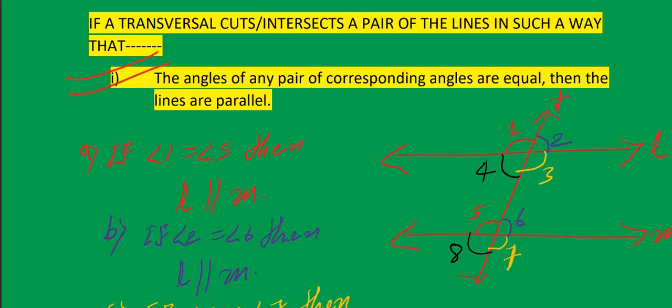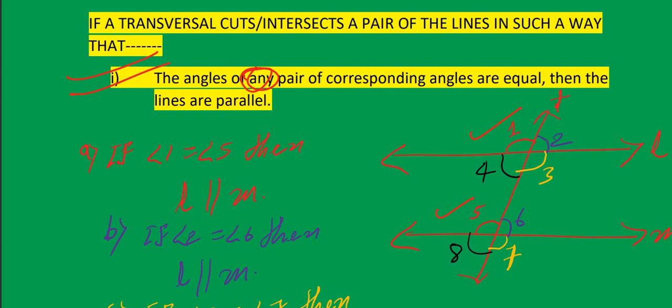So our first property is: if any pair of corresponding angles are equal, then the lines are parallel. So see here, only one pair is required to prove that lines are parallel. If I see angle 1 and angle 5, both are corresponding.